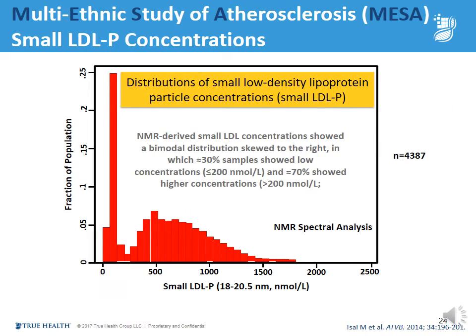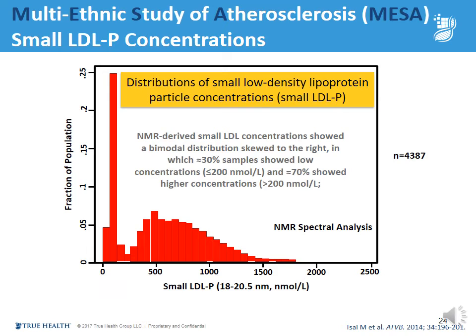There is published data in the MESA study looking at the distribution of small LDL particle concentrations across the entire population, and it's sort of a bimodal distribution, with the majority of people having rather unremarkable levels, defined as less than 200 nanomoles per liter.